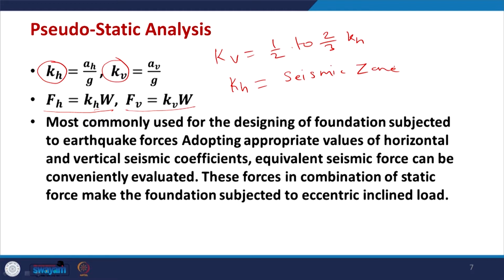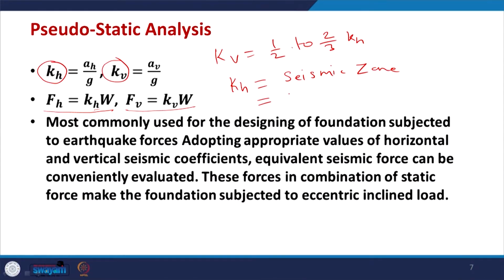There are many theories and hypotheses. However, the value of KH is typically taken, on the conservative side, as half to 2/3 of the zone factor.